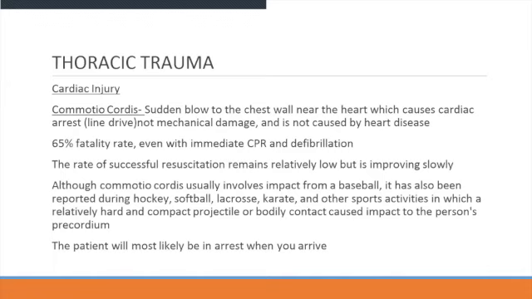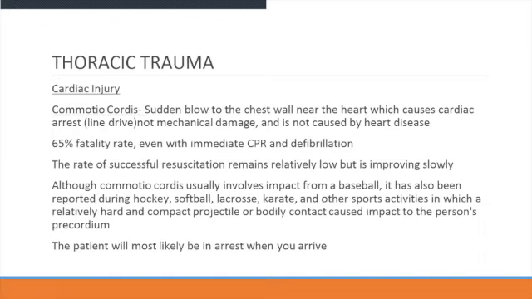All right, so commotio cordis. This is a sudden blow to the chest wall near the heart, which causes a cardiac arrest. Not mechanical damage, and it's not caused by heart disease. This has a 65% fatality rate, even with immediate CPR and defibrillation.